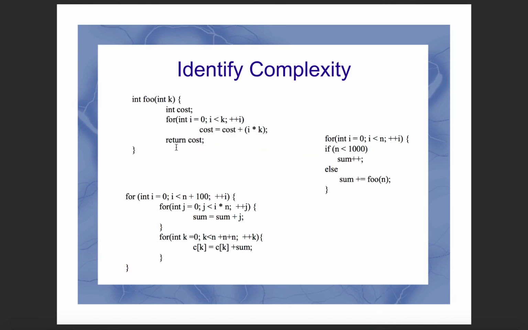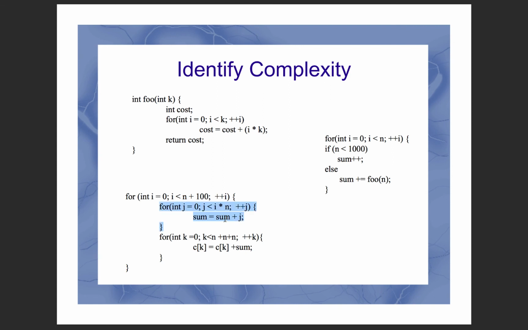Now if you consider this function, it has one for loop, and this for loop runs k times, so you can say that this is k complexity. Now in this program, this for loop runs n plus 100. If you remove 100, because we only care about the larger element, we say that this for loop runs n times, and inside that there are two for loops.